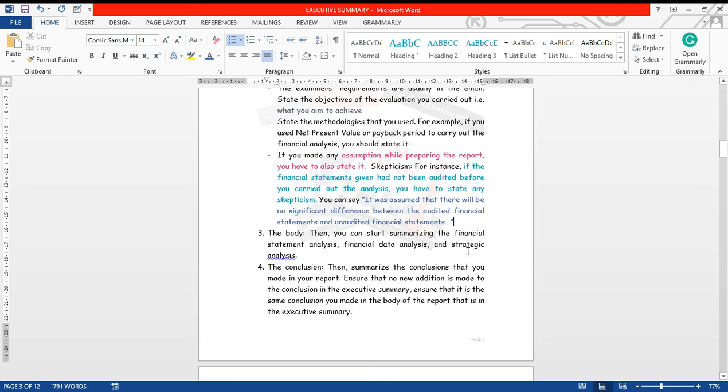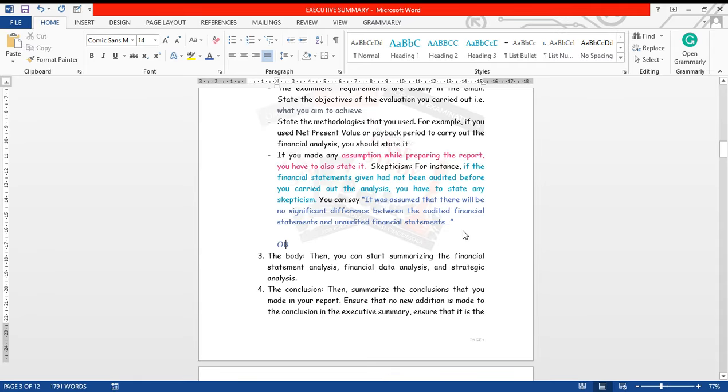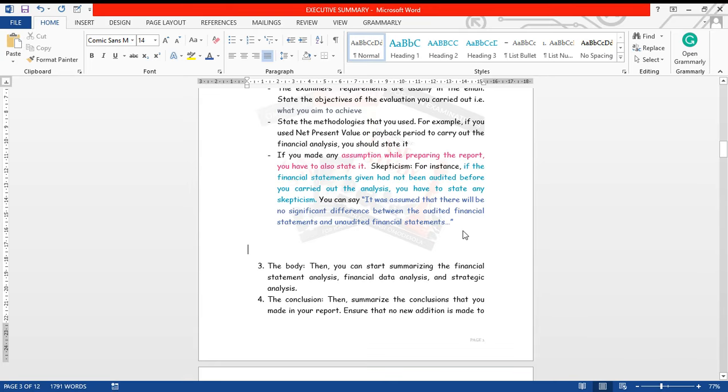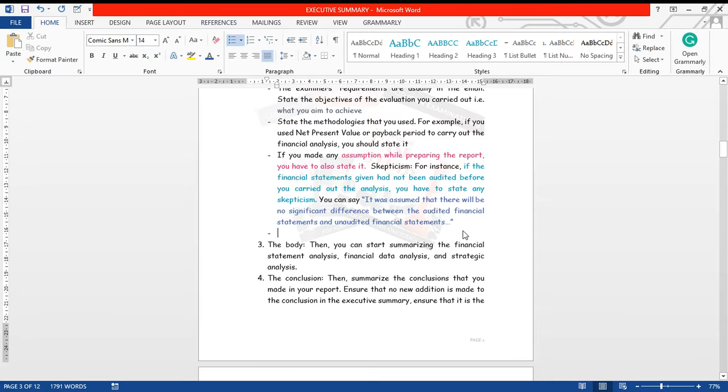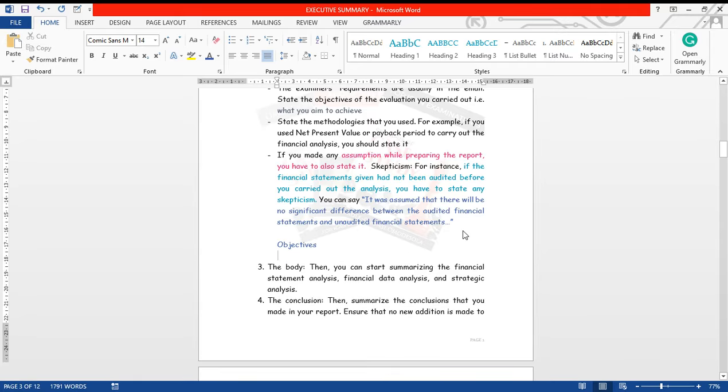So we have the objectives, which basically is the requirement of the examiner. Then after the objectives, the methodologies.